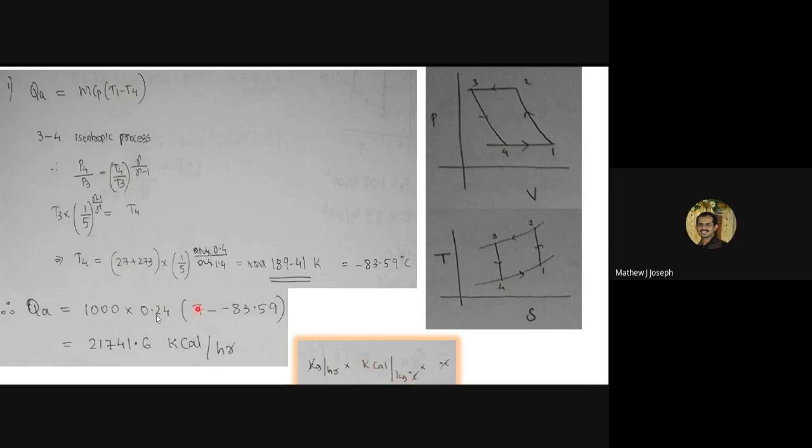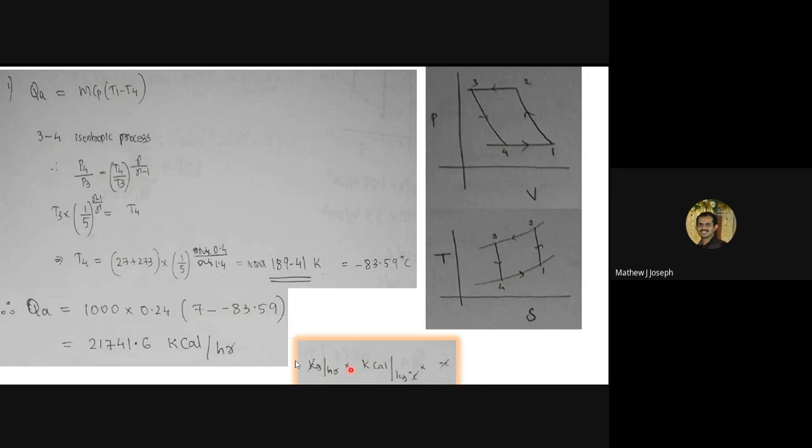Then this is the temperature terms. Actually, they should be taken in Kelvin, but since this is a temperature difference happening here, we need not convert it into Kelvin. We can leave it as such in degree Celsius itself. So the final unit will also be in degree Celsius.